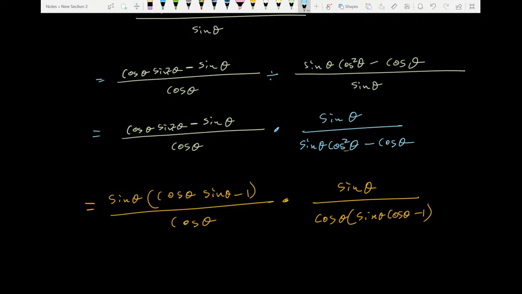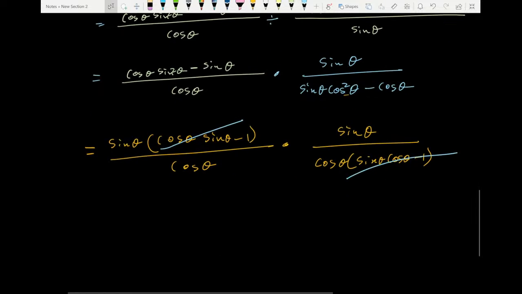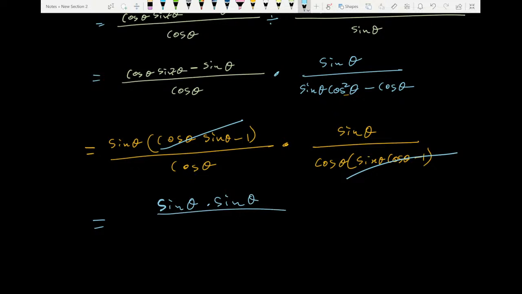Well, look, you can cancel this with that, and you get sine of theta times sine of theta over cosine of theta times cosine of theta, which is just sine square of theta over cosine square of theta.